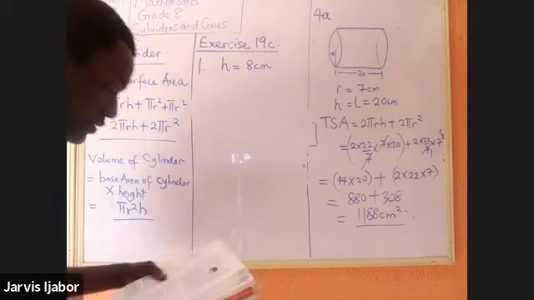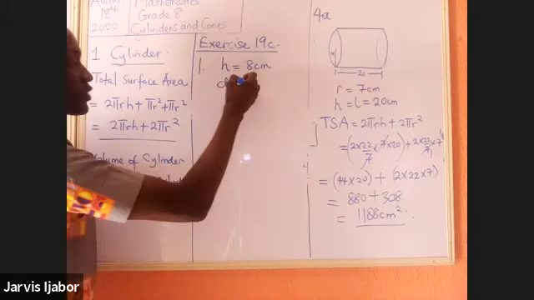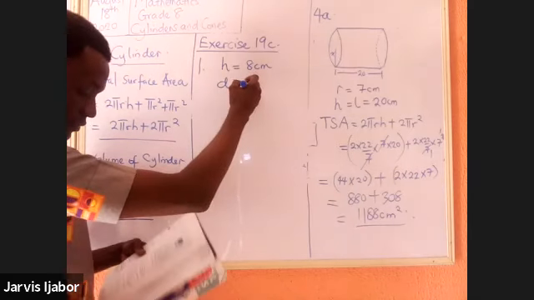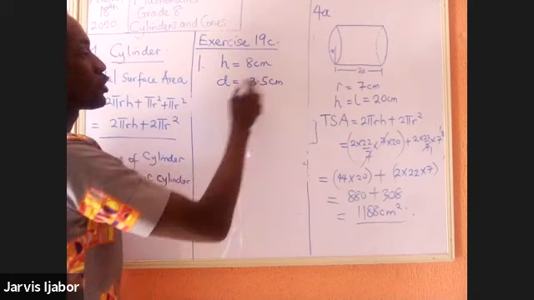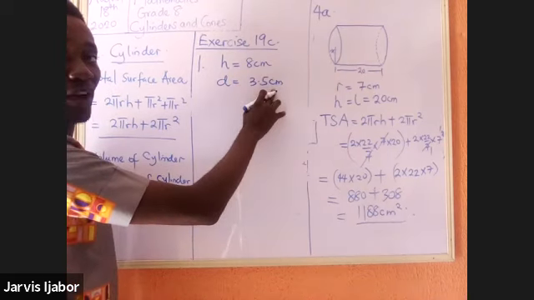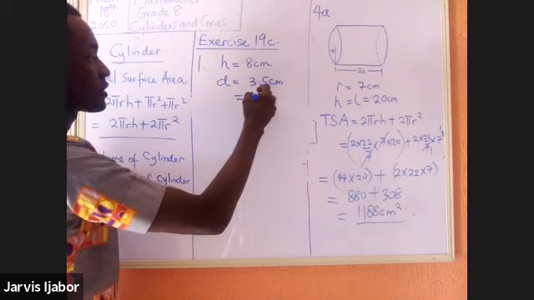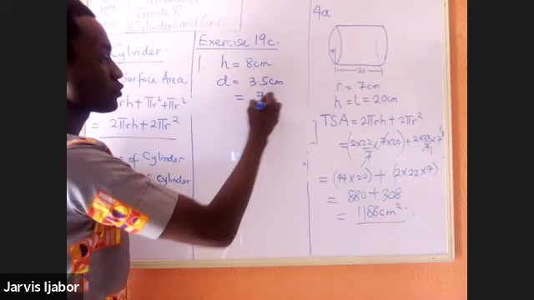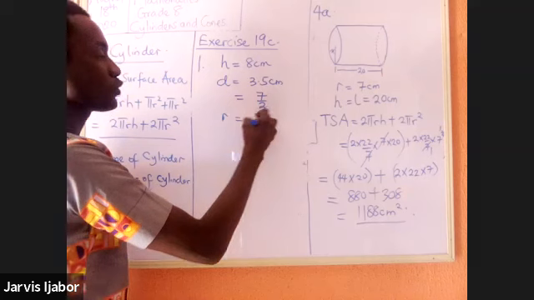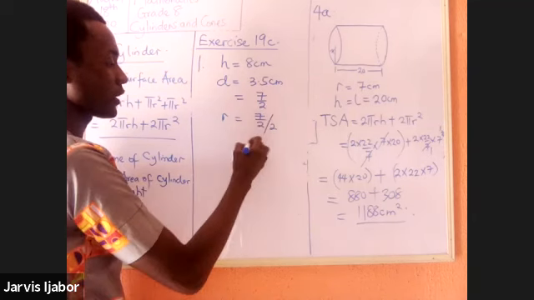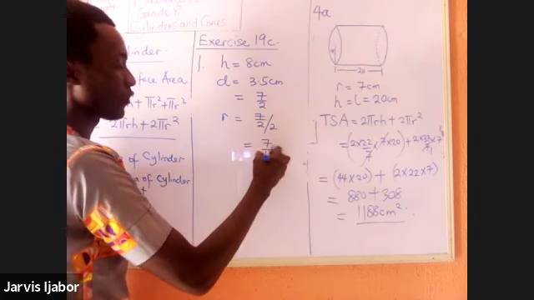And what? Diameter is what? 3.5 cm. You have to convert this to improper fraction, and that will be what? 7/2. Now, what would the radius be? The radius will be 7/2 divided by 2, and that will be 7/4.